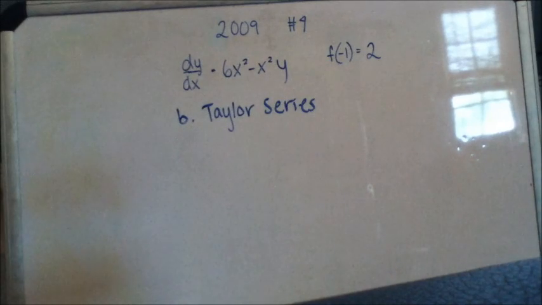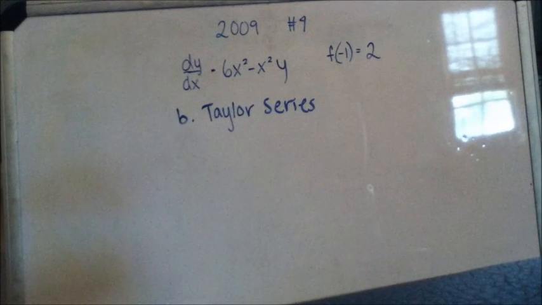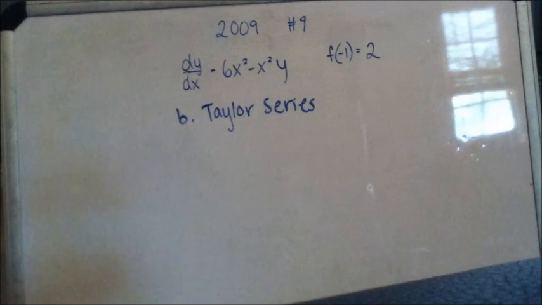Now the next part of the problem, part B, involves a Taylor series. So that's the great part about this question number 4, it's combining all different kinds of concepts. It says at the point negative 1 comma 2, the value of d squared y over dx squared is negative 12. Find the second degree Taylor polynomial for f about x equals negative 1.